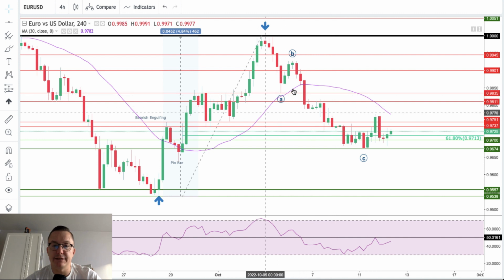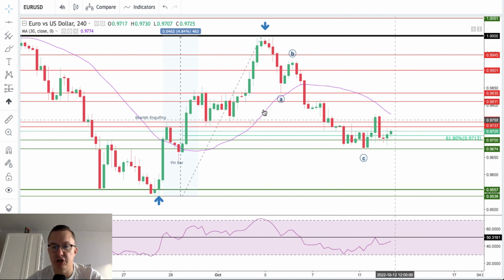Nevertheless, the market is below the 30 periods moving average, and the RSI is below the level of 50, which is the neutral level. So the bears are still in control of this market, and it looks like this market wants to go lower.